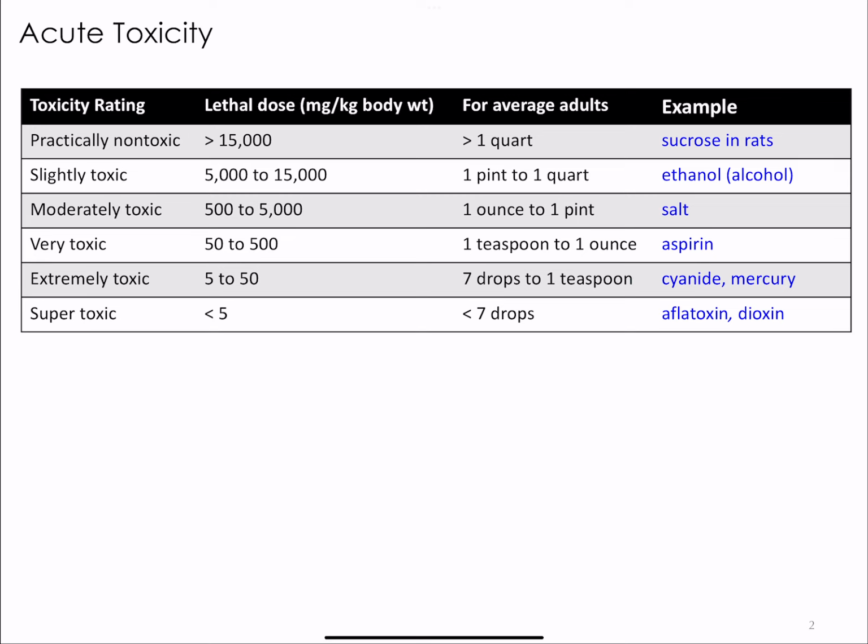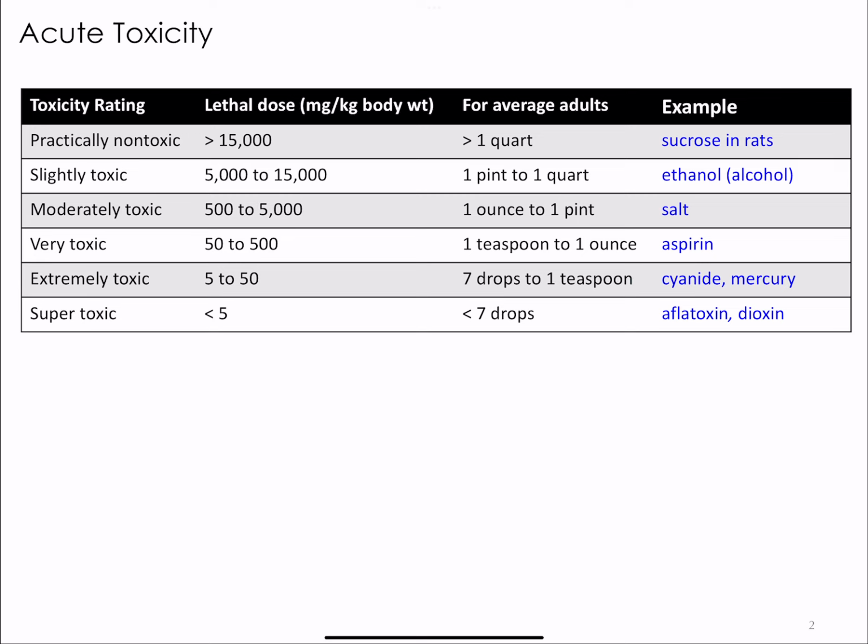Based on the LD50, the chemicals can be classified into several toxicity ratings. First, if the lethal dose is larger than 15,000 milligram per kilogram body weight, the chemical is considered practically non-toxic, and an example is sugar, right?